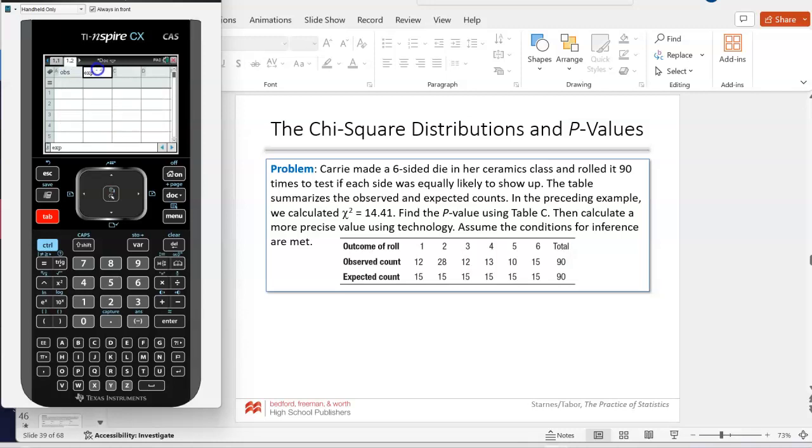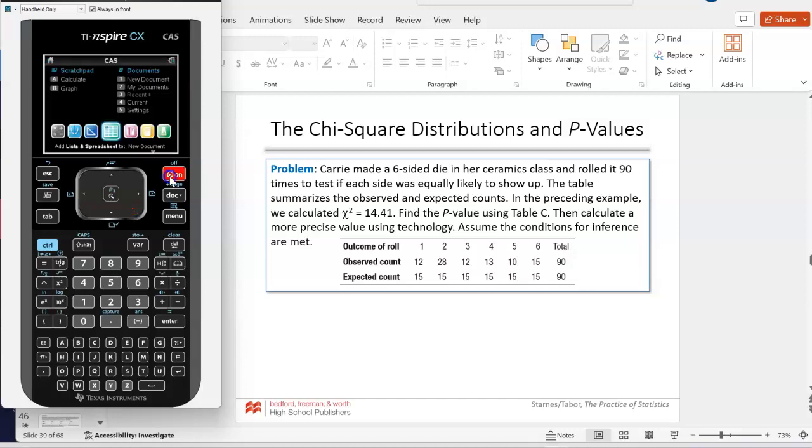Oops. It looks like we can't use EXP. It must be a command in TI-Nspire. So observed, we're going to put in 12, 28, 12, 13, 10, 15. And the expected: 15, 15, 15, 15, 15, 15.